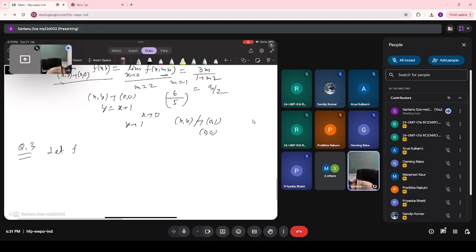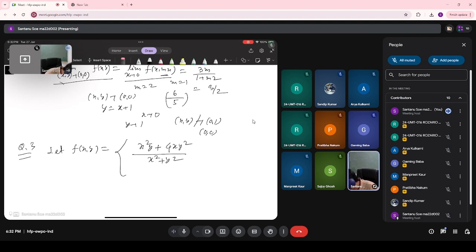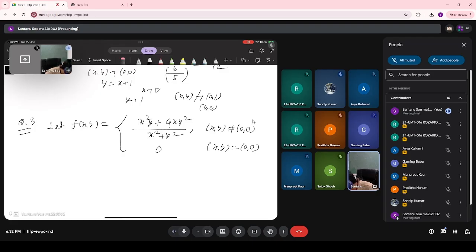Let f(x, y) equal (x²y + 4xy²) divided by (x² + y²) when (x, y) is non-zero, and 0 when (x, y) is (0, 0).